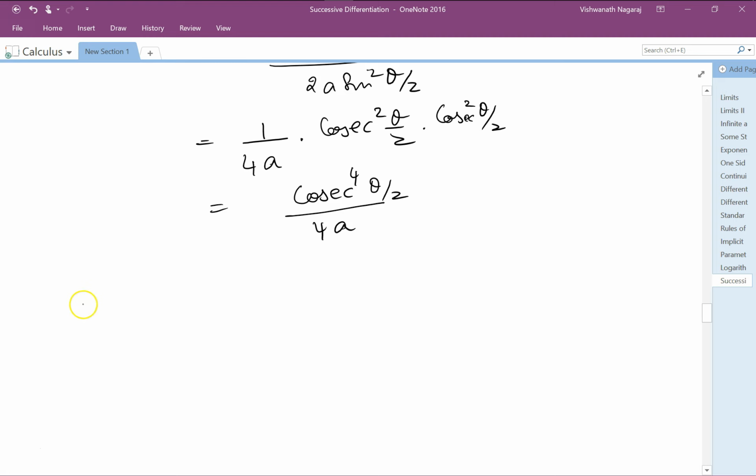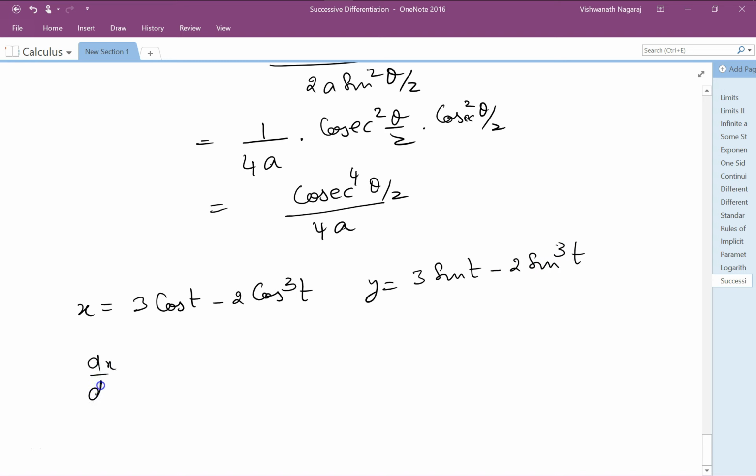Let's do another one. So let's say x is equal to 3 cos t minus 2 cos cube t, and y is equal to 3 sin t minus 2 sin cube t.